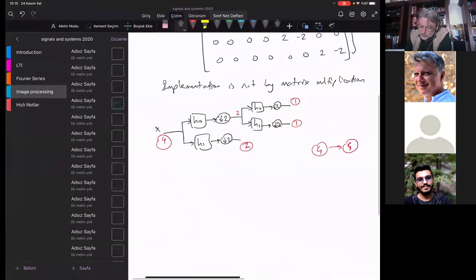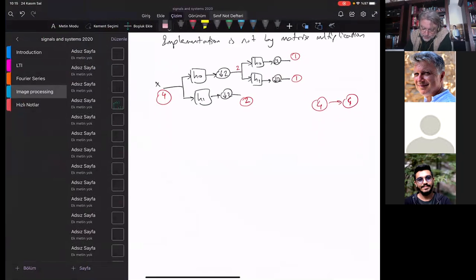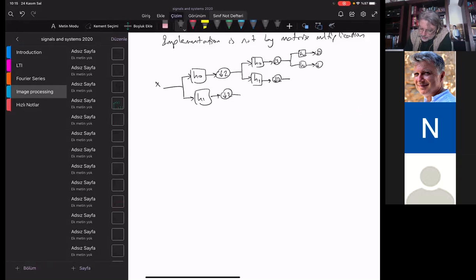If it is an 8x8, let me erase, further filtering with H0 and H1 and downsampling like this. If this is periodic with 8, this will be periodic with 4, so we will have 4 samples from here, and this will also be periodic by 4.